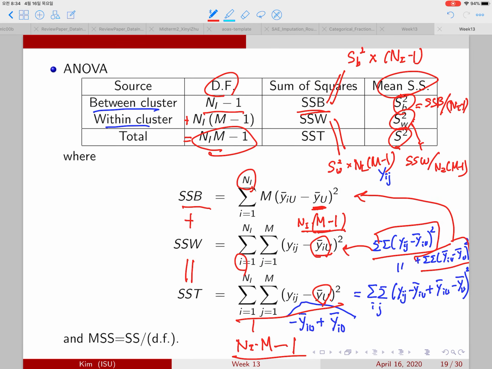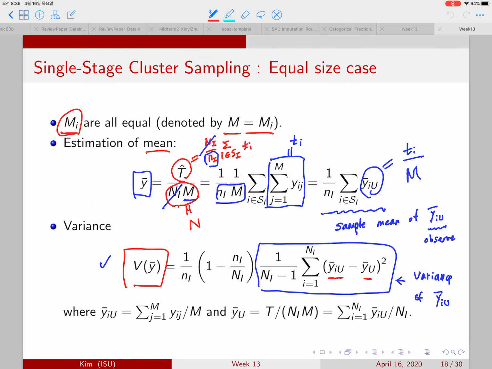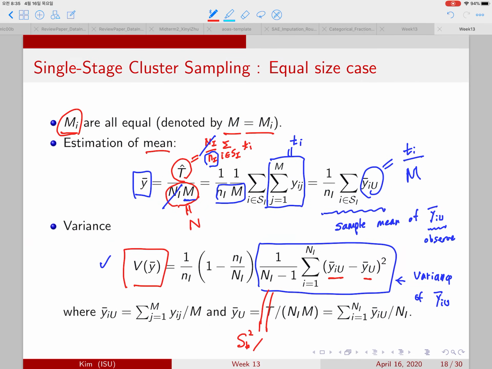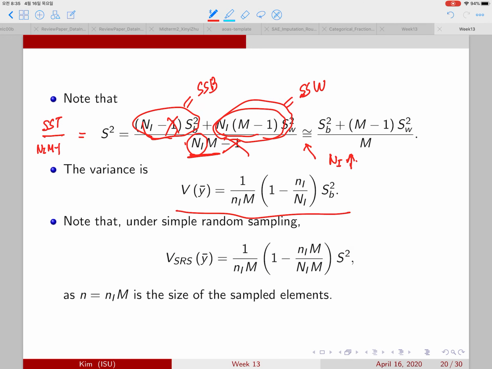Okay, if you look at this carefully, the m term goes outside, and then divided by the degrees of freedom, 1 over m minus 1. So this becomes s_b square divided by m. So you have this formula.